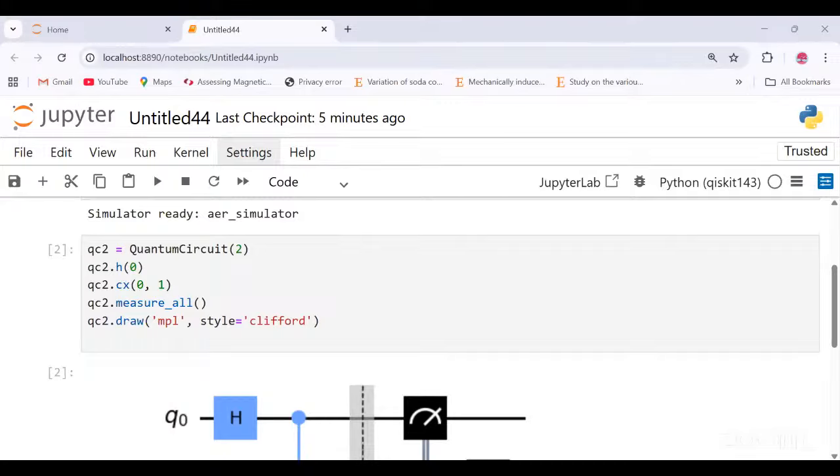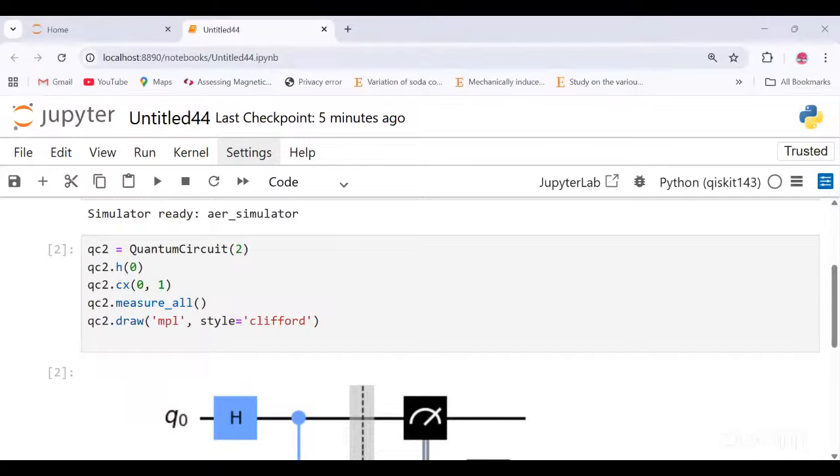So you are able to see that the resultant state should be like this: ket 00 plus ket 11 over root two, which we have theoretically. This state has a perfect correlation, with the qubits behaving as a single combined system.